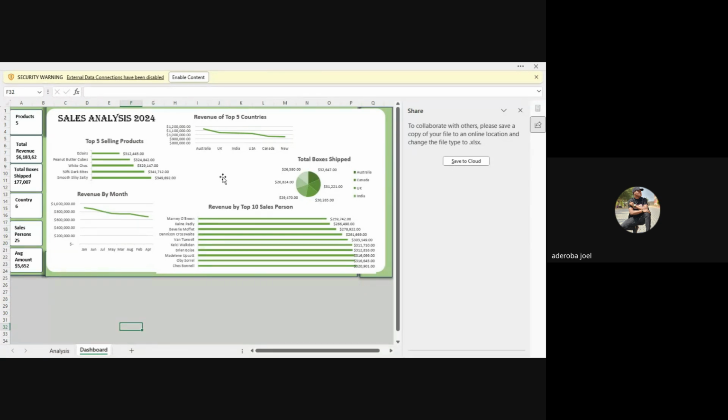On my left-hand side, you see my products. These are my KPIs. We have 5 products, our total revenue, total boxes shipped, 6 countries, and 25 salespersons, of which Chess Bonnell came up top. Then our average amount is $5,752. So this is the chart we have for our sales in 2024.